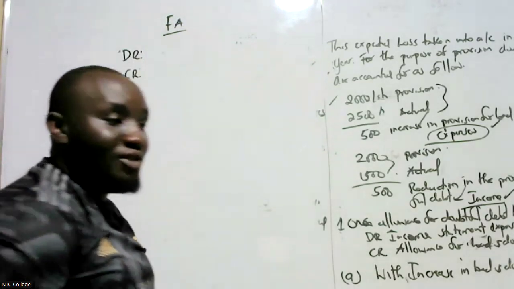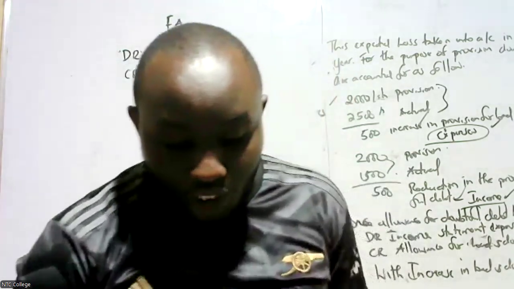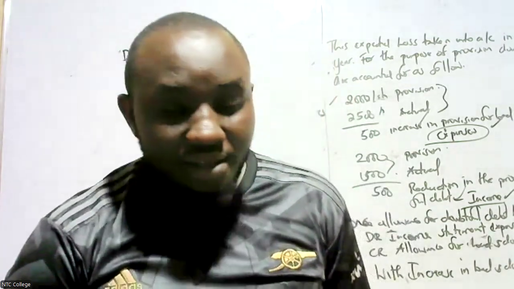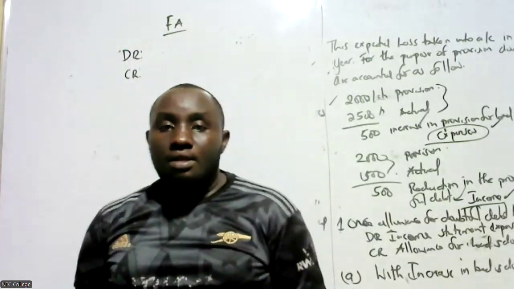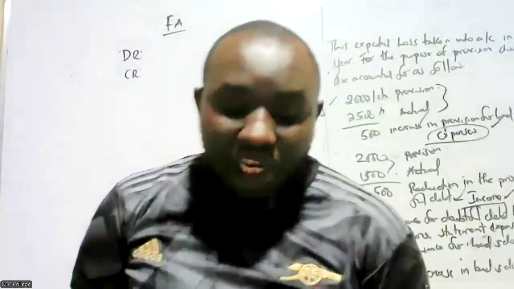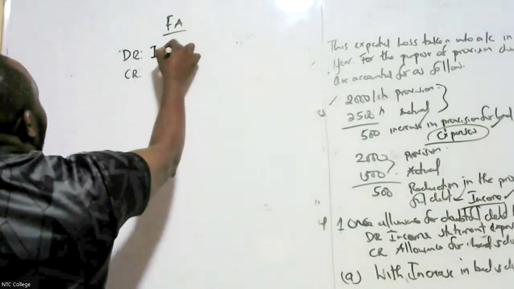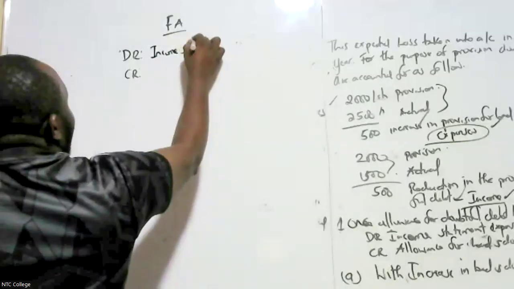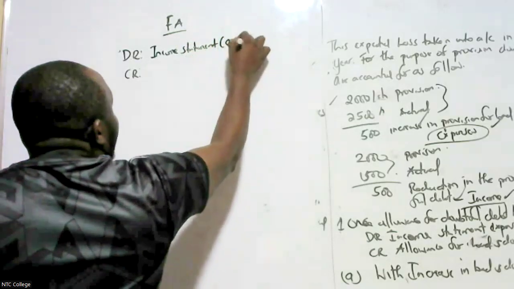These are very, very important for us. With an increase in bad and doubtful debt, we debit the income statement because it's an expense.